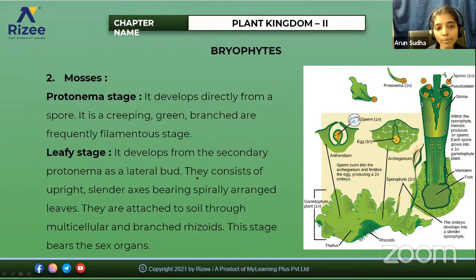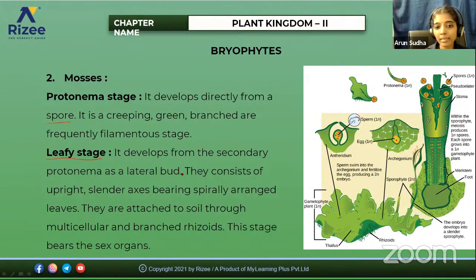The protonema stage develops directly from a spore. So from the spore, it forms the protonema. It is a creeping green branched, frequently filamentous stage. And then next comes the leafy stage. It develops from the secondary protonema as a lateral bud.